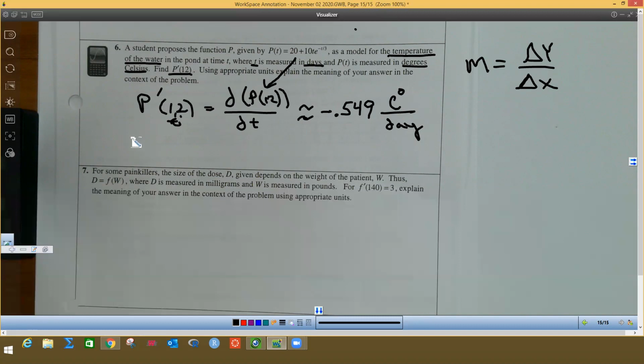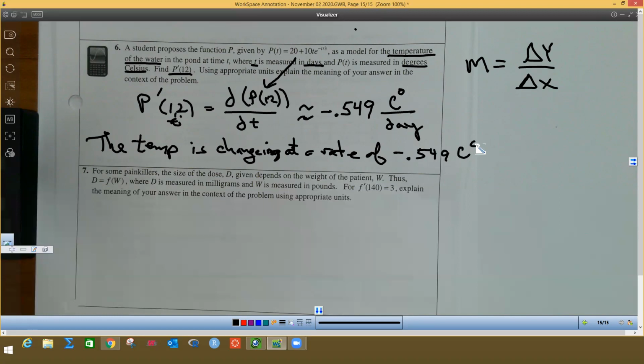We're going to say the temperature is changing at a rate of, you can put the word about or not, negative 0.549 degrees Celsius per day.